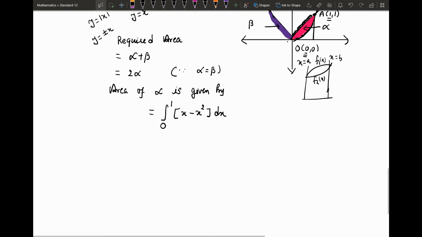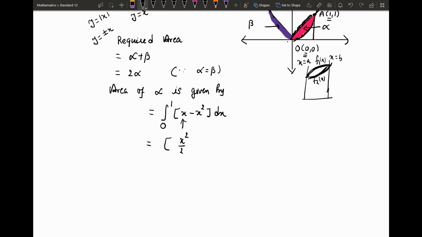Upper curve y equal to x, lower curve the parabola y equal to x square.